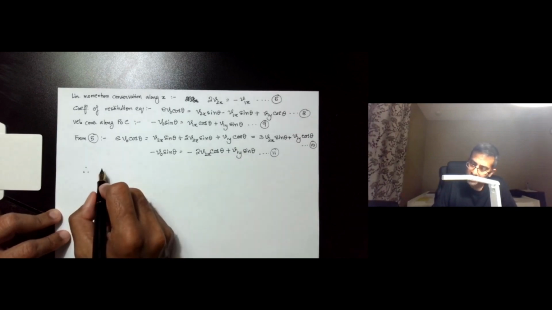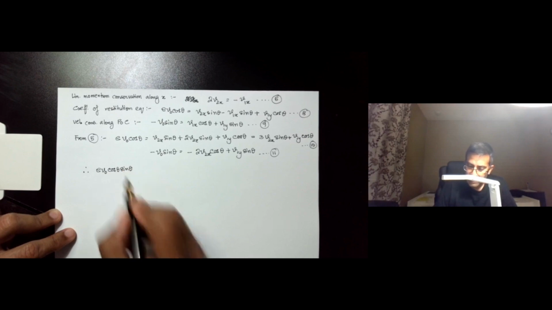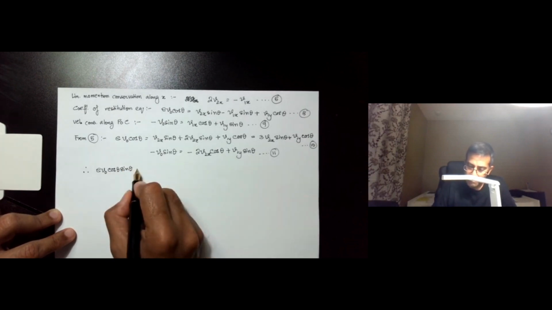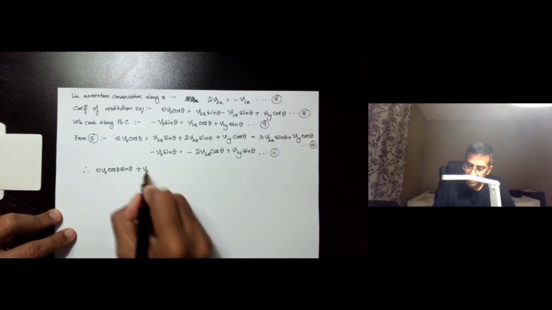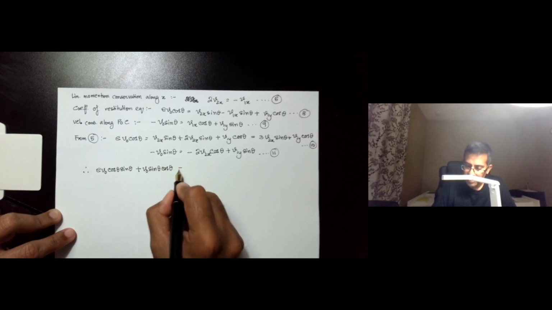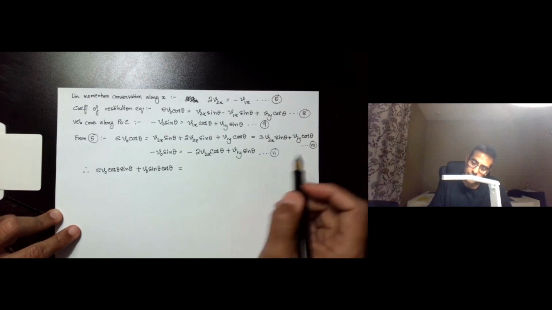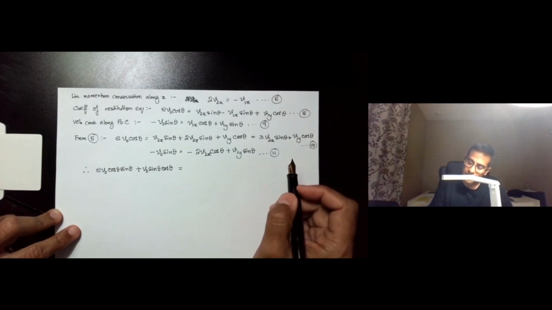So multiplying 10 with sine theta, on the left hand side we get v0 cosine theta sine theta, plus v0 sine theta cosine theta from the left hand side of equation 11. Then we take the right hand side of equation 10 and multiply with sine theta.